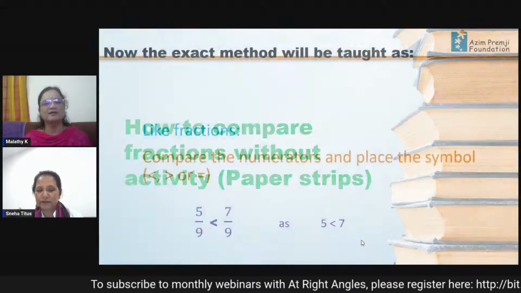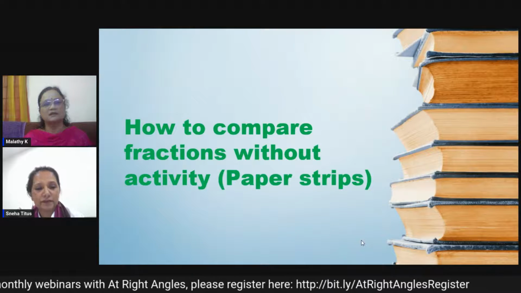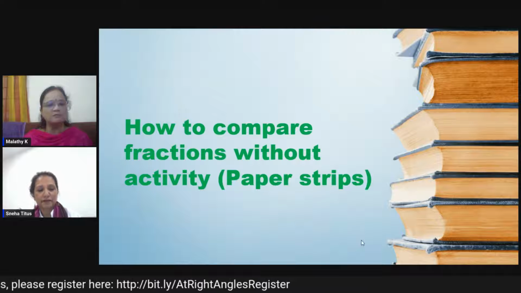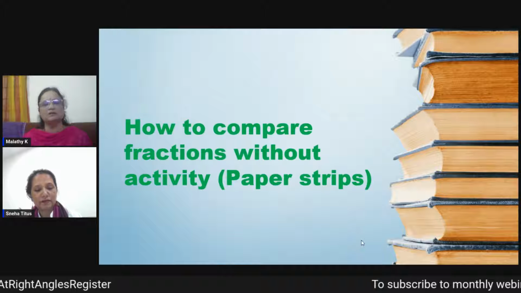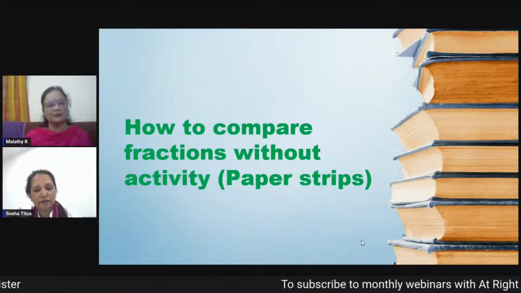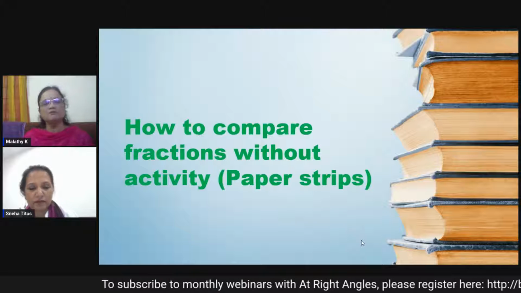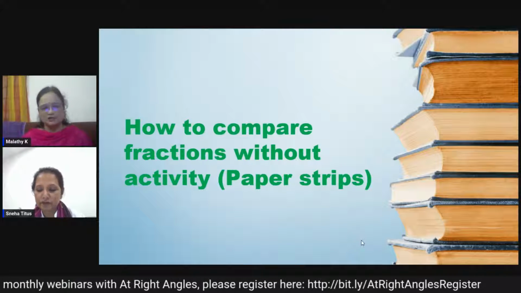Now, moving on, I generally say that we can't always have the paper strips with us, so we have to proceed with the normal procedure, where we can try it out with some things. I normally divide the blackboard into two parts, one with paper strip and another with the technique. Now when I move on to the technique, first is like fractions.